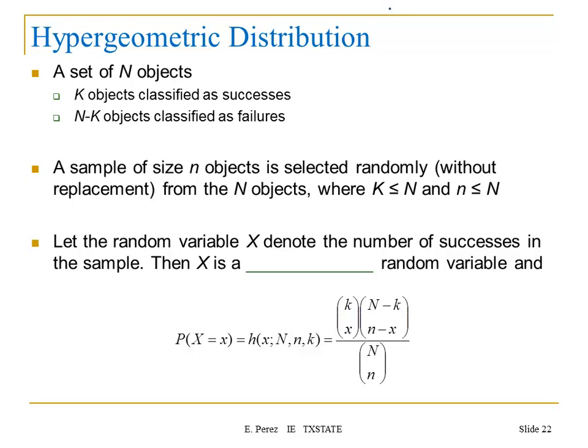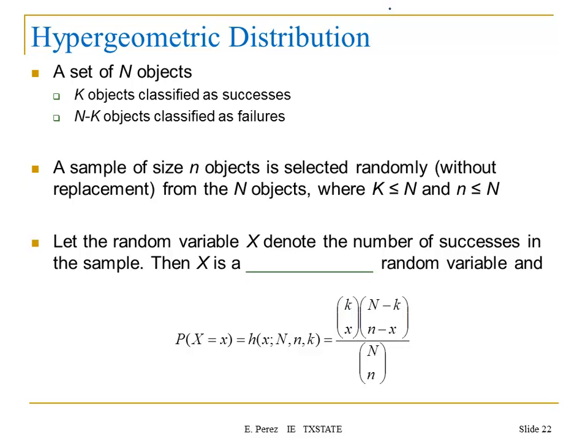failures. Now, from this group, capital N, we are going to select a sample of n objects randomly. So this n is going to be less than or equal to capital N, so that sample could be equal to the size of the whole thing.